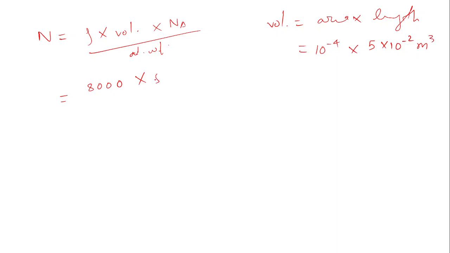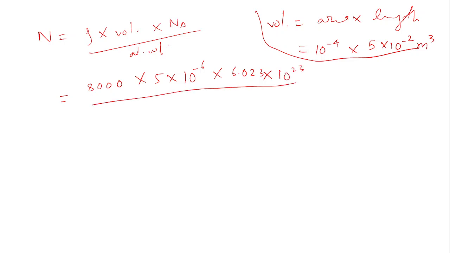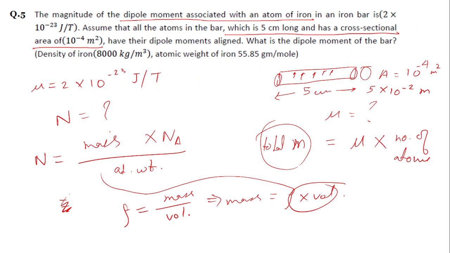So here I'll put 5 times 10 to the power minus 4 minus 2, meaning minus 6, meter cube, and Avogadro number 6.023 times 10 to the power 23, and atomic weight is 55.85 in gram per mole, right? Either we call it atomic weight, where the unit is AMU, atomic mass unit, or it's also called gram per mole.